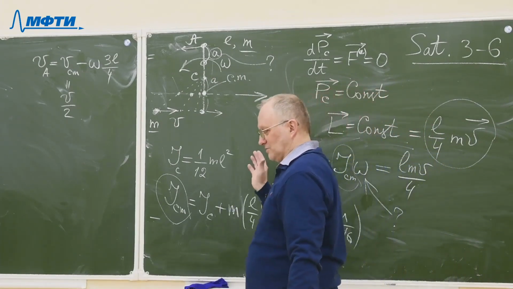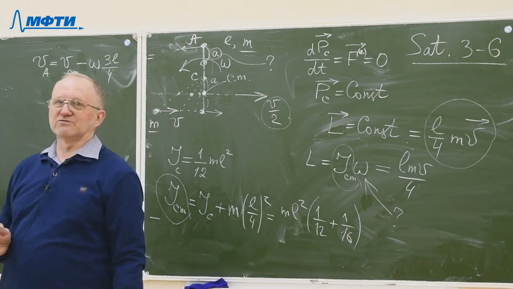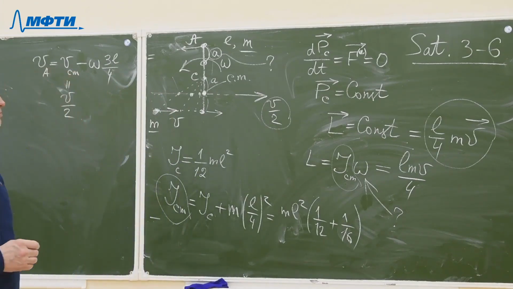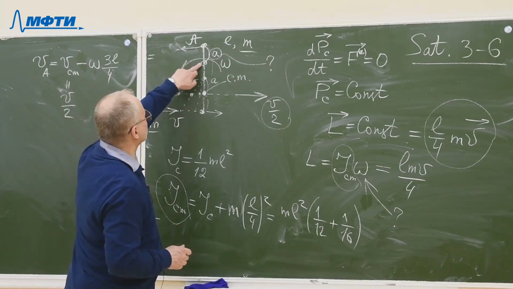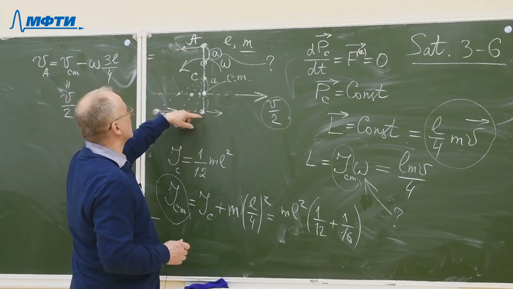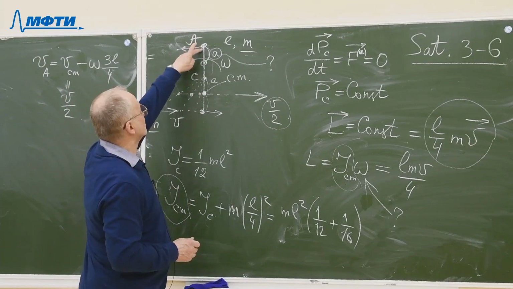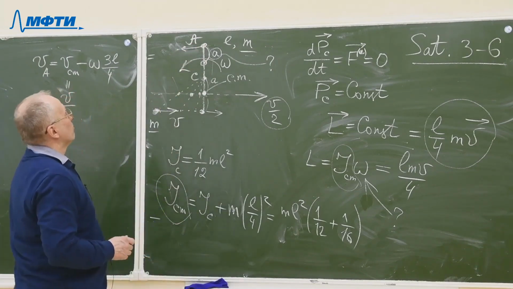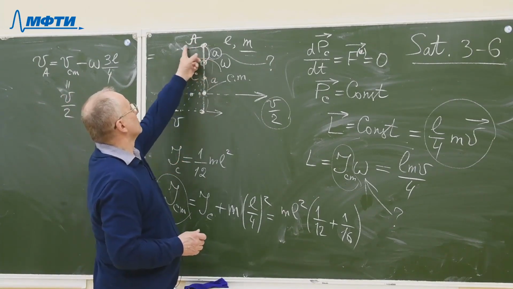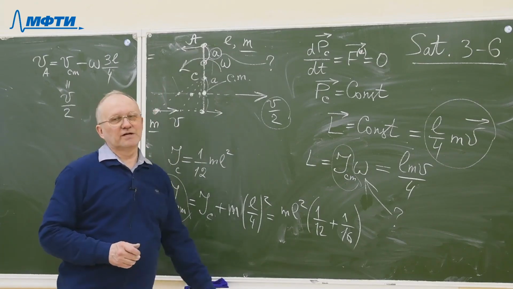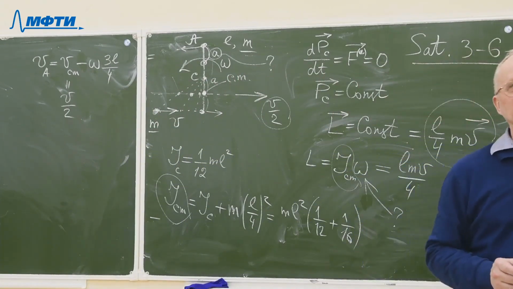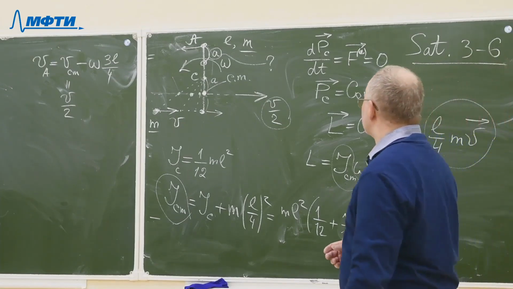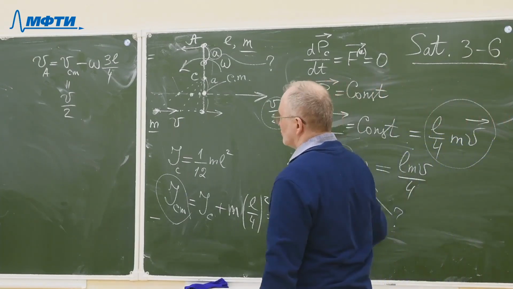Similar problems with similar ways of reasoning will be offered to you. So please finish this problem and find which point will remain at rest immediately after the collision, and what will be the velocity of point A, and why the velocity is directed here to the left. Well, you must be able to explain it based on the laws of physics.